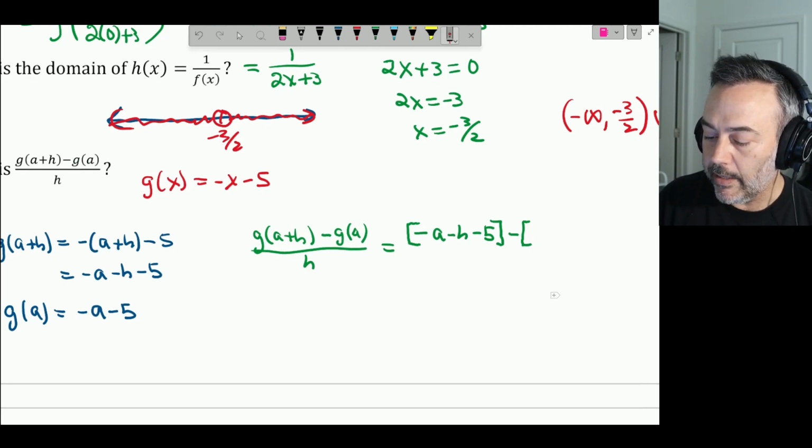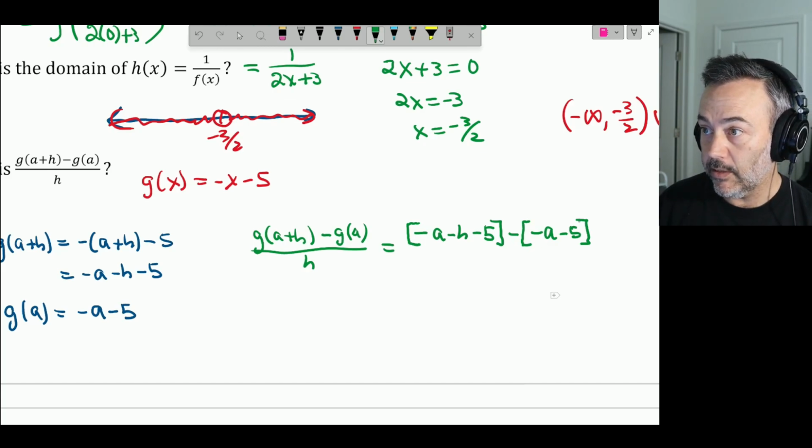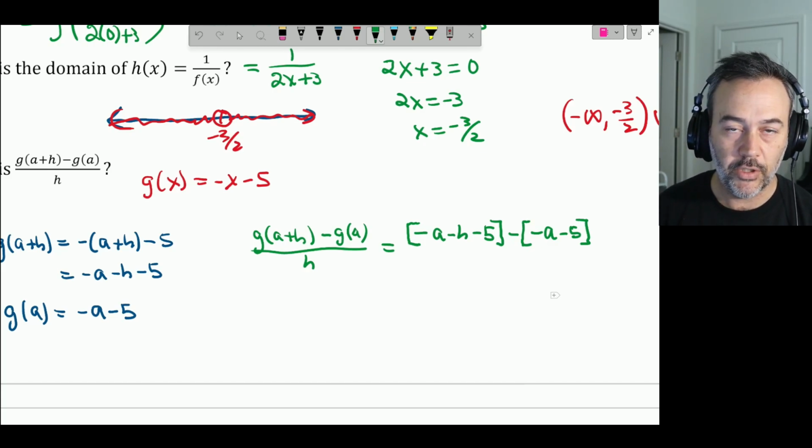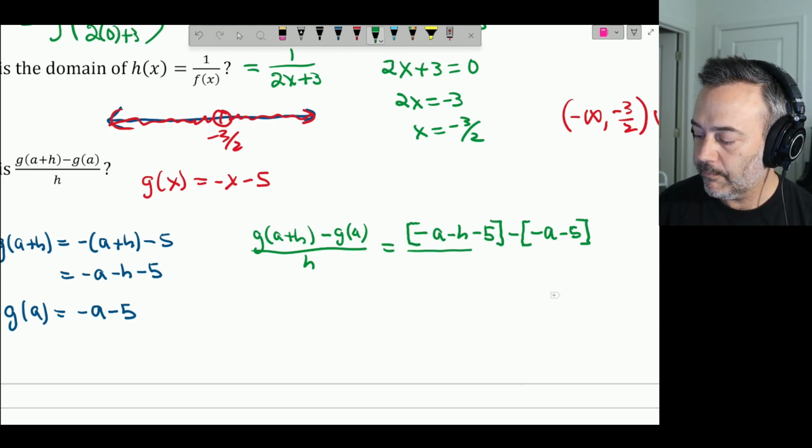G of a is here, and that's what goes here. Let's plug that in: negative a minus 5. Brackets and parentheses are interchangeable. It's just a visual thing. It helps remind you to distribute the negative. I've got to make sure to have my over h here.